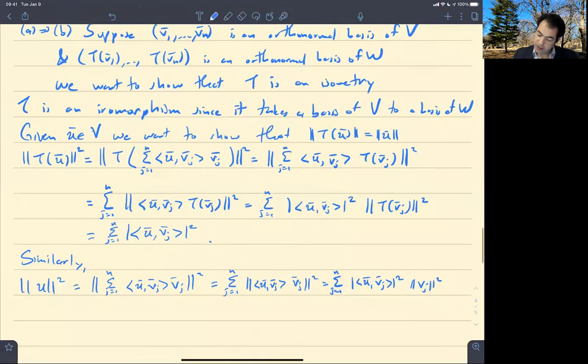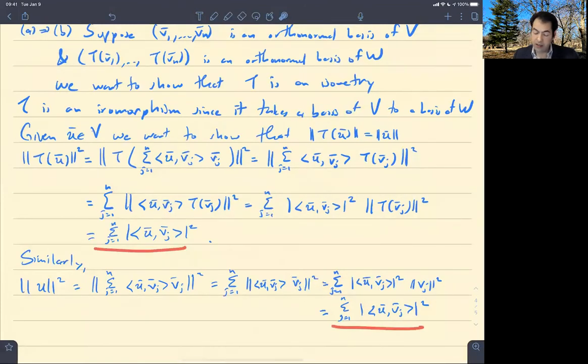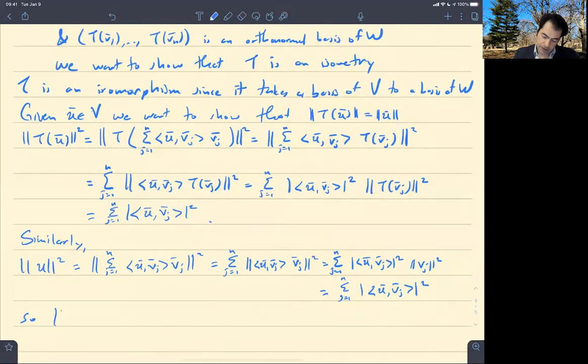And then because this is an orthonormal basis, the norm of vj squared is equal to 1, and so we're just left with the sum of the modulus of the inner product of u with vj, squared. So we got the same answer here as here, and so the norm of u is equal to the norm of T of u, as required.